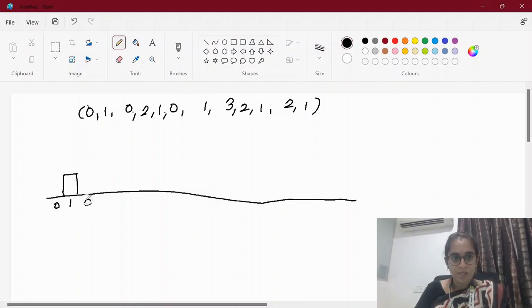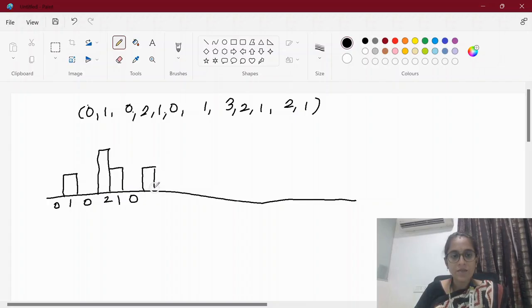Next is also 0, and next we have 2 units of building height. So this is 2. The next one is 1 unit of building size, so 1. Next we have 0 unit of building size, and we have 1 unit.